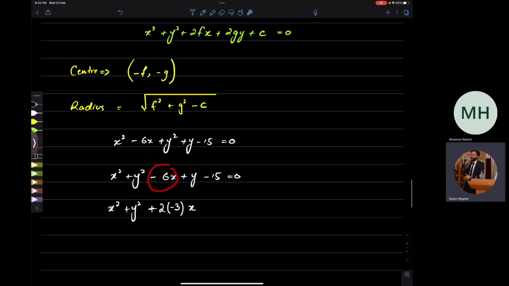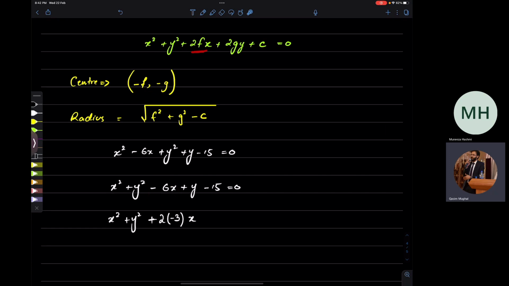So this is the same term. All I did is I've written it in this form with plus 2 times f times x. So I'll be doing the same for the next part. Plus, it's already a positive term, with 2 times what is going to be 1y. So that is going to be 1 by 2. 2 times 1 by 2 is going to give you 1.